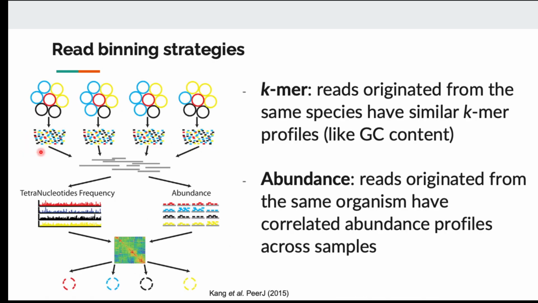So what can you do? There are at least two ways that we can bin the reads so that hopefully reads from the blue organism will be grouped together, and reads from the yellow organism will be grouped together. The first one utilizes the same idea of k-mers that we saw before.